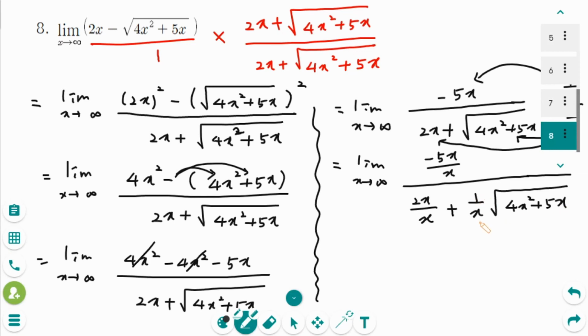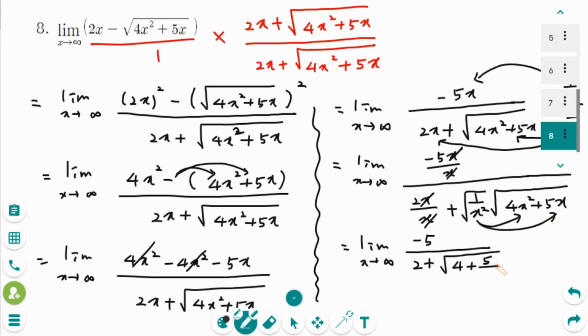But 1 over x is the same as square root of 1 over x squared. And then simplify this one: minus 5 over 2 plus square root of 4 plus 5 over x.